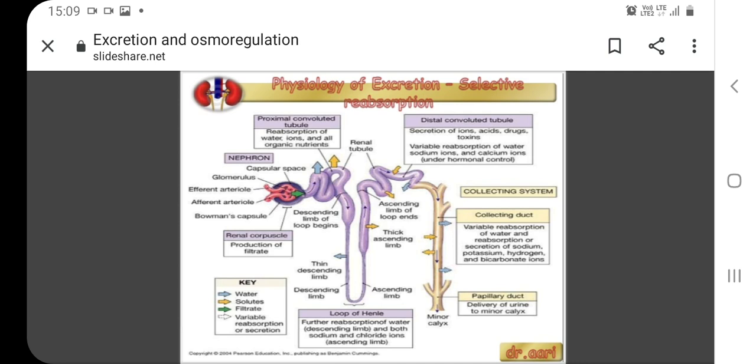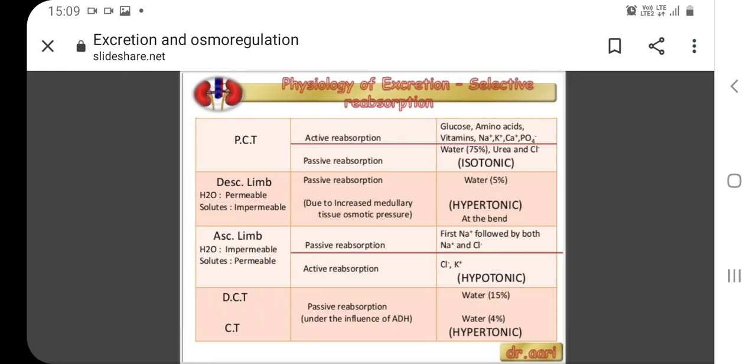In the distal convoluted tubule, potassium ion and hydrogen ion are respectively secreted into the filtrate.